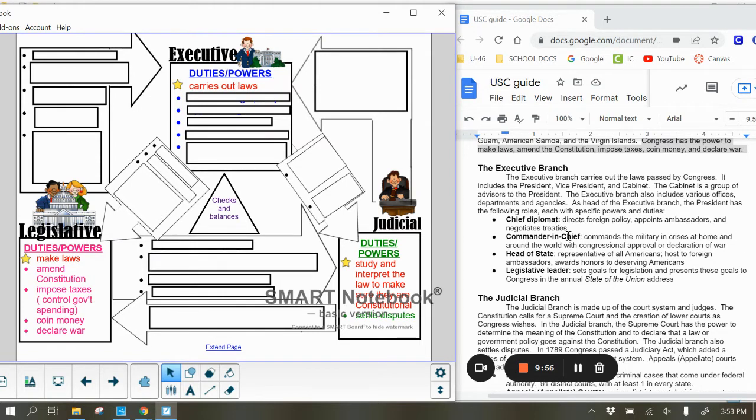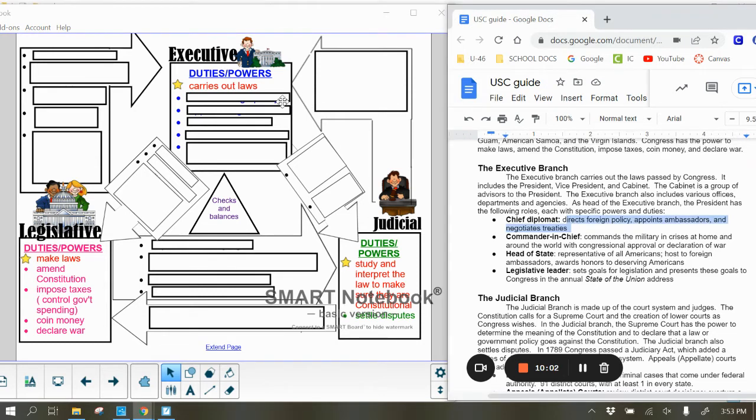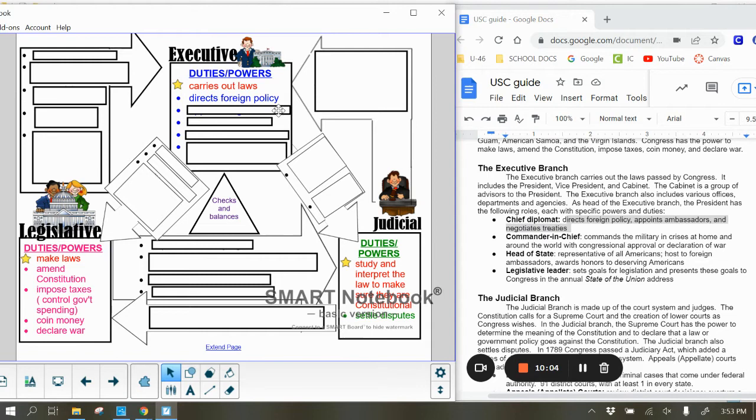So chief diplomat, we're not going to write chief diplomat, but we're going to take some of the answers here, which is directs foreign policy, appoints high officials. I know here it says ambassadors, but he also can appoint judges, and he makes treaties. And once again, these are all powers that we've talked about before that the president and executive branch has.